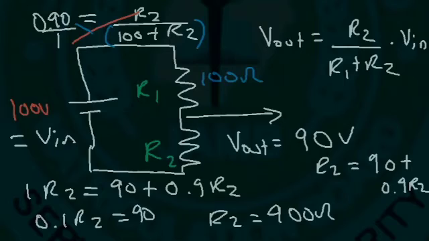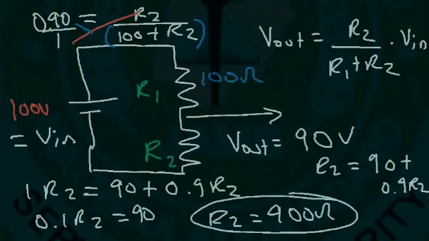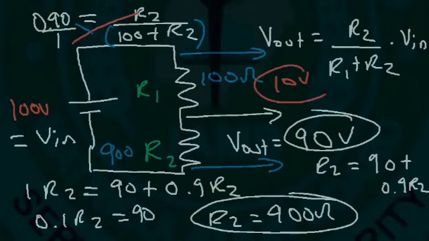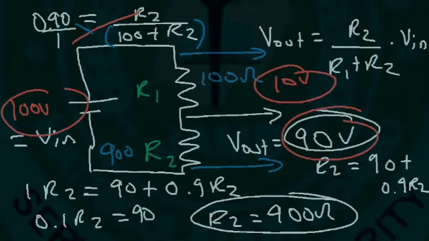So in this case, we can see that if you increase R2, the output voltage across R2 will increase. If R2 is 900, the voltage across it is 90. The voltage across the 100 ohm resistor must be 10 volts. 10 and 90 adds up to 100.